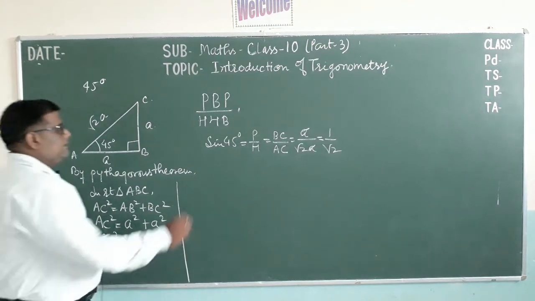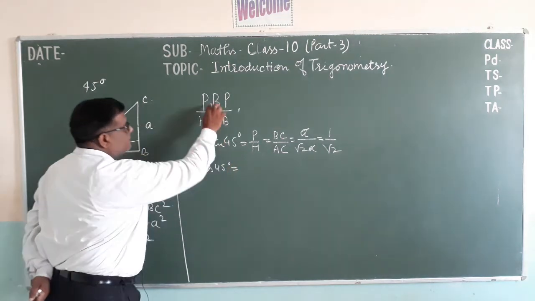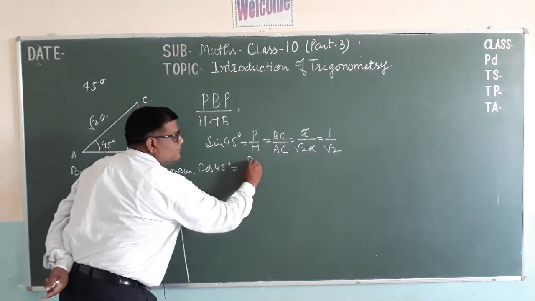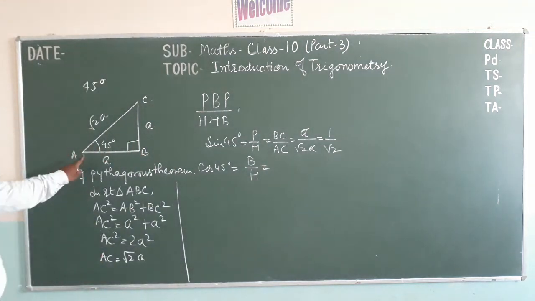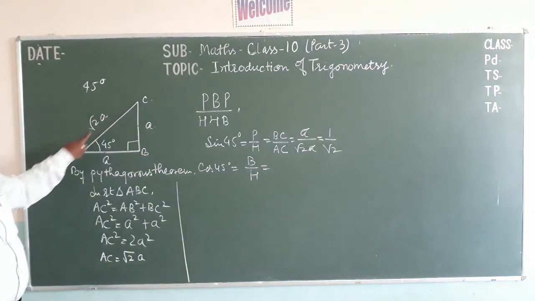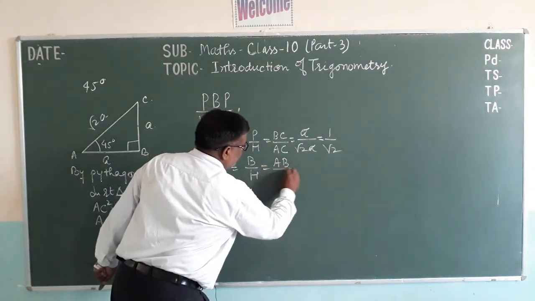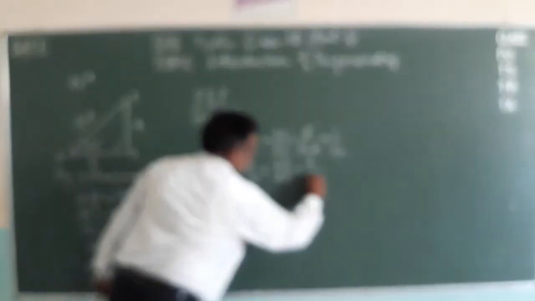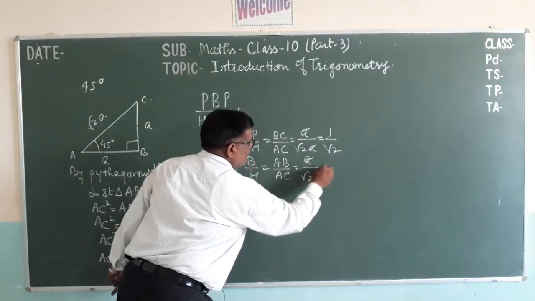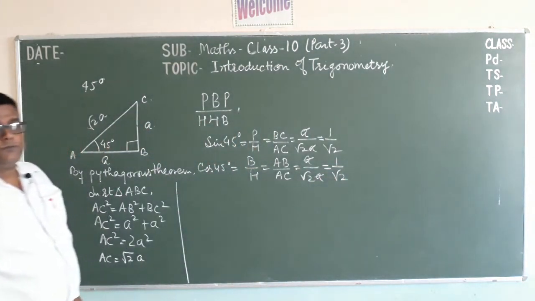Again cos 45 degrees, that is B by H, that is AB upon AC. And AB is A, AC is root 2A. Cancel this, and this value is 1 upon root 2.